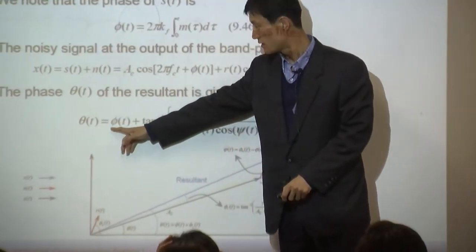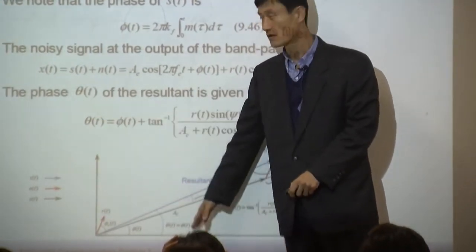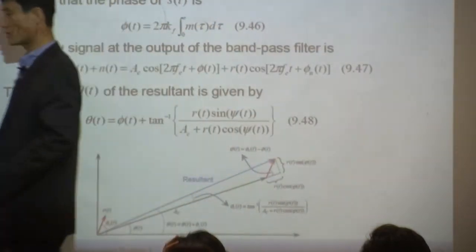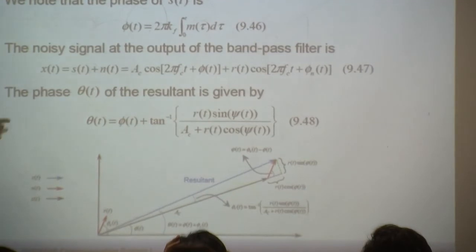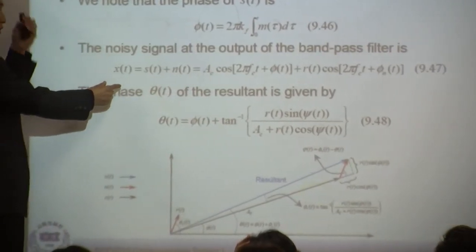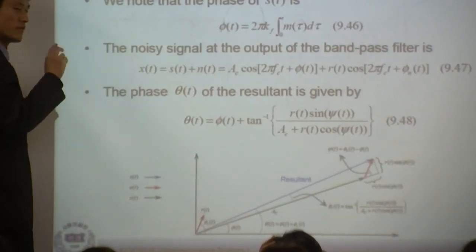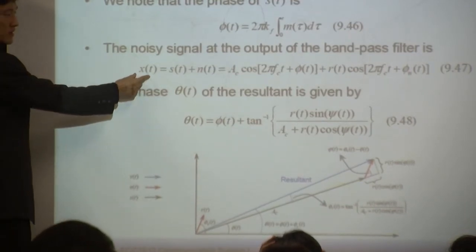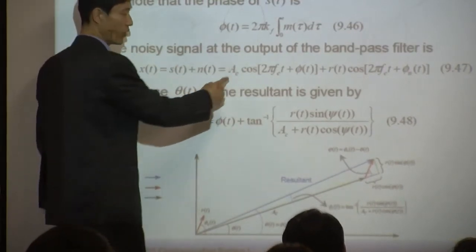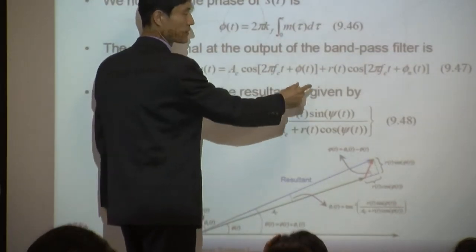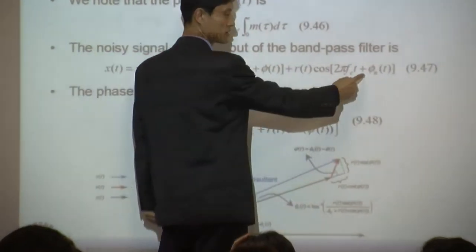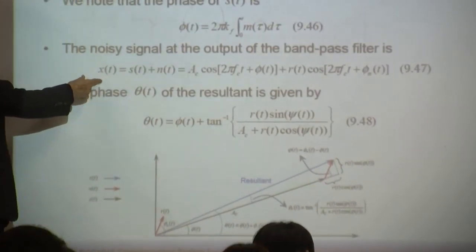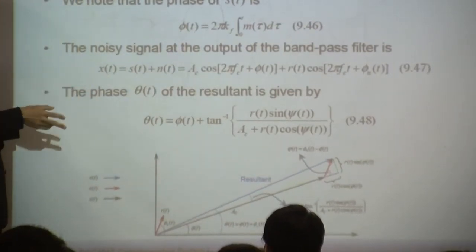Theta t is the angle of x t. Eventually, we are looking at x t, and we want to find out its phase. We know that the phase of s t is this, and the phase of noise is this one, but what is the phase of x t? That's what we want to get.